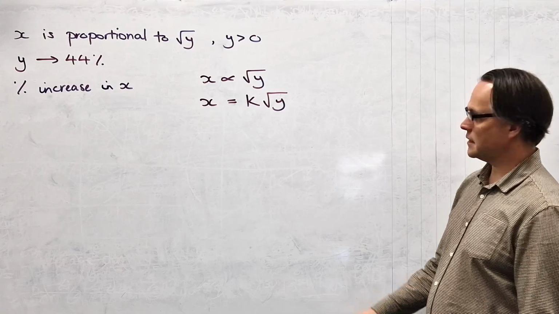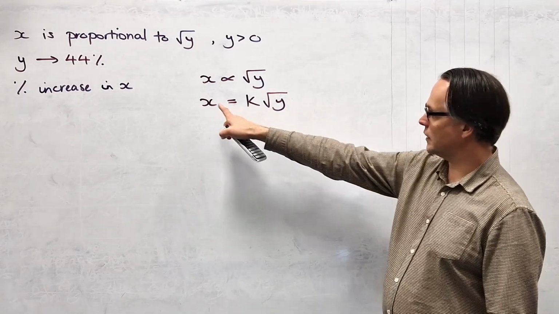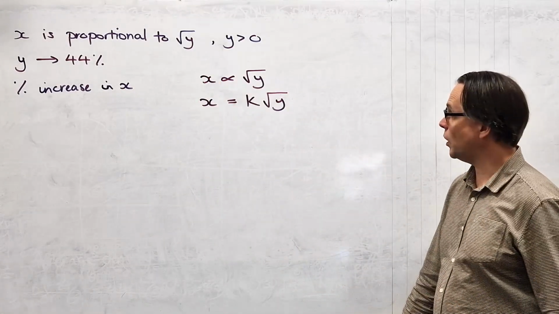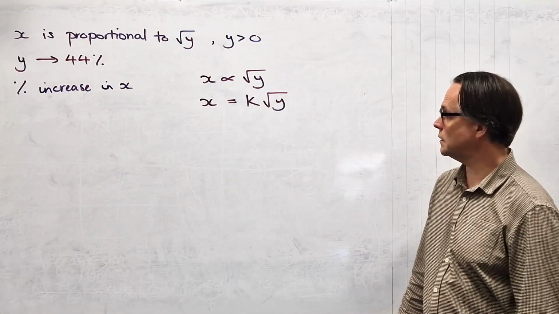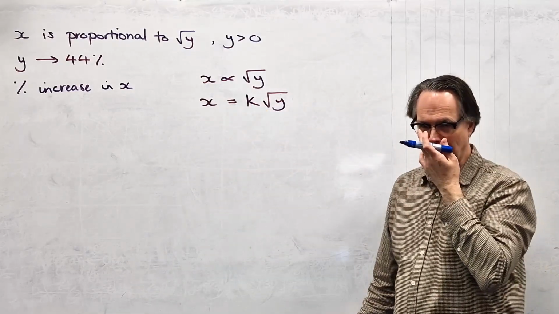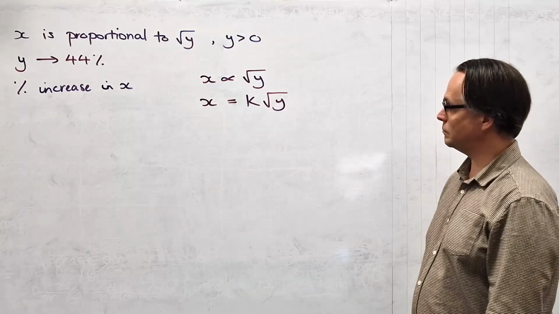And then what we're going to do is say, well, what's going to be affected if y is increased? So I'm going to park this idea, but now I'm going to increase y by 44%.